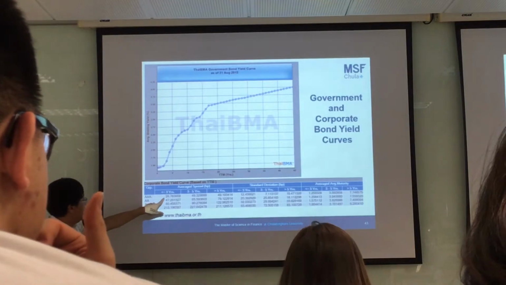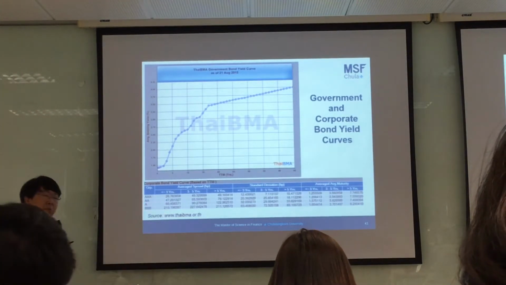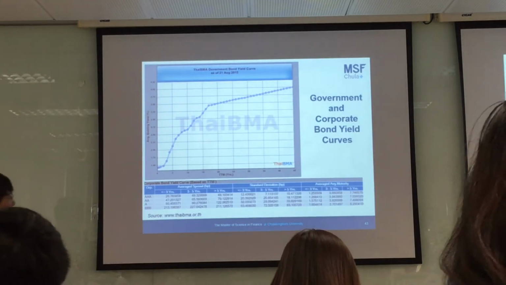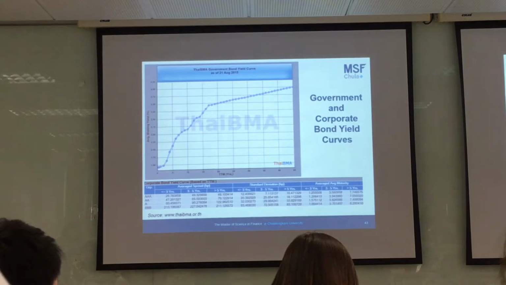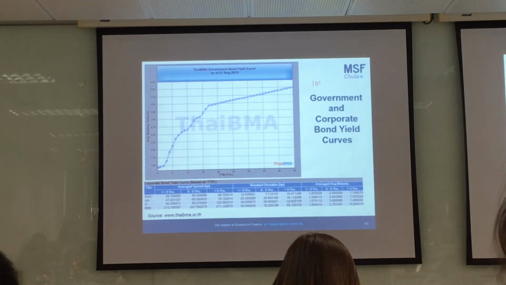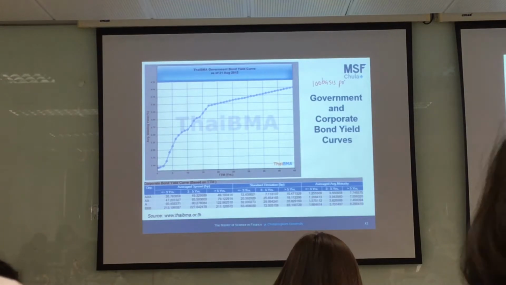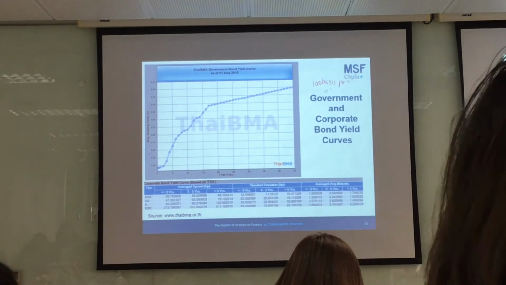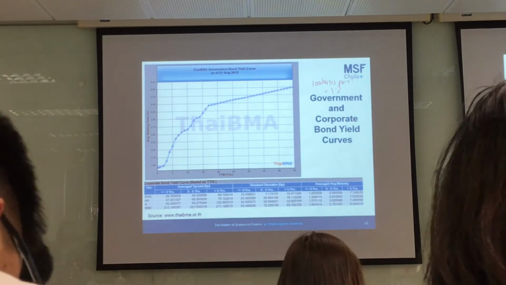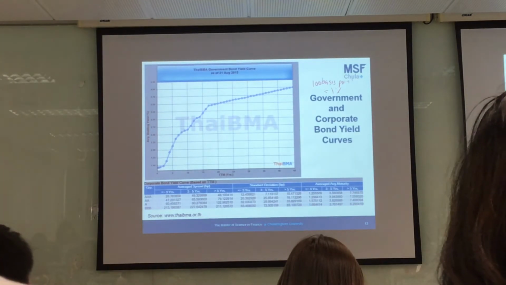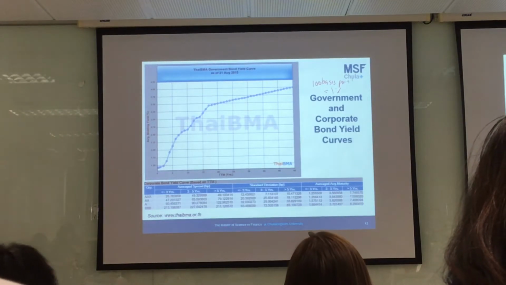So for the AAA corporate bond, the spread is 26 basis points. We have discussed last week that 100 basis points, or 100 BP, is equal to 1%, right? So in this case, let me use this one.